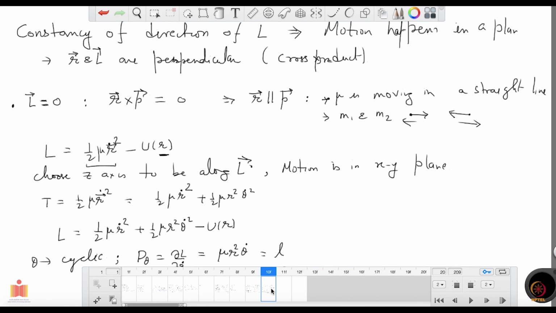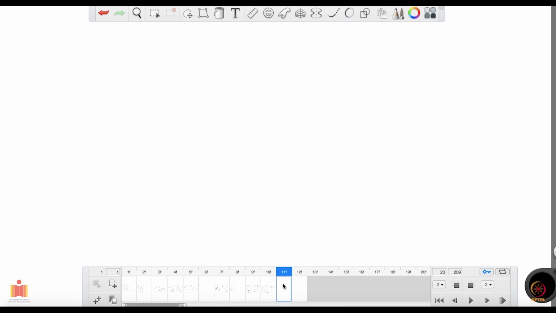I'm looking for a geometrical interpretation of angular momentum conservation.